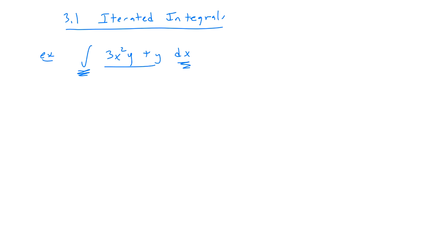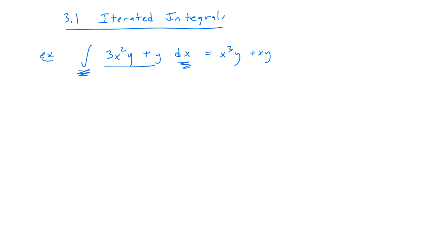And so therefore, what is the antiderivative of that first term? So the y is a constant, so it just stays there. Antiderivative of 3x squared is x cubed. So we get that. Y is a constant. Antiderivative of a constant is the constant times x. So I get that.